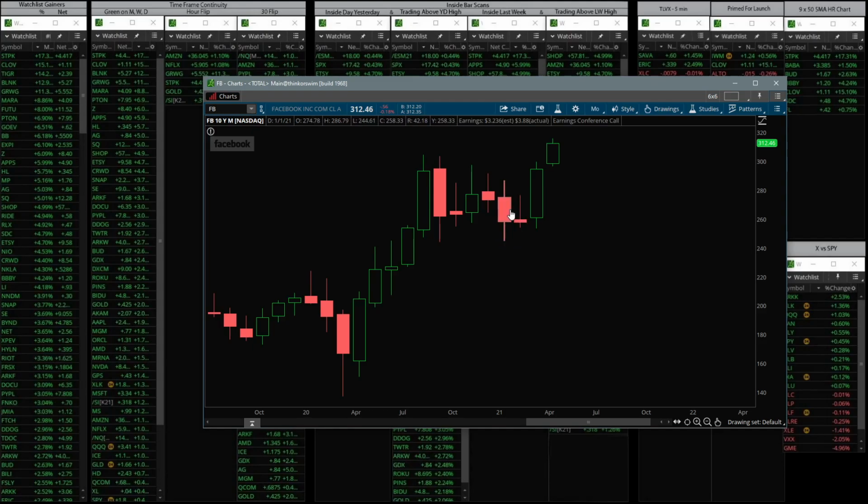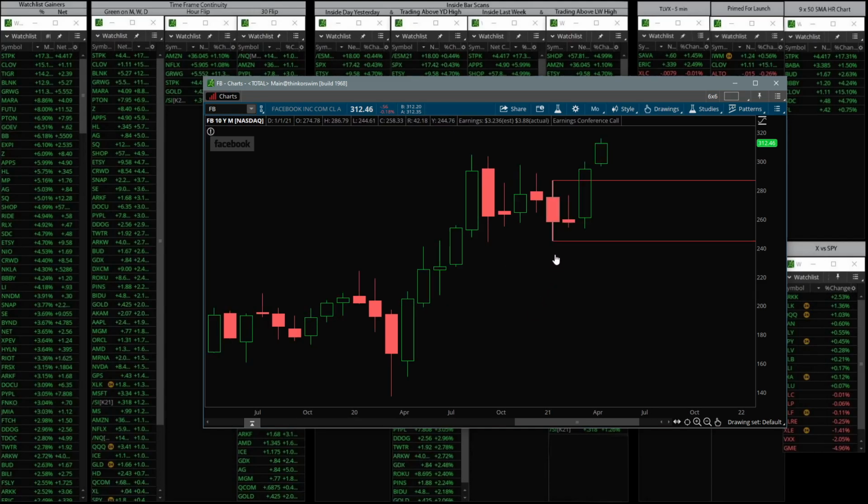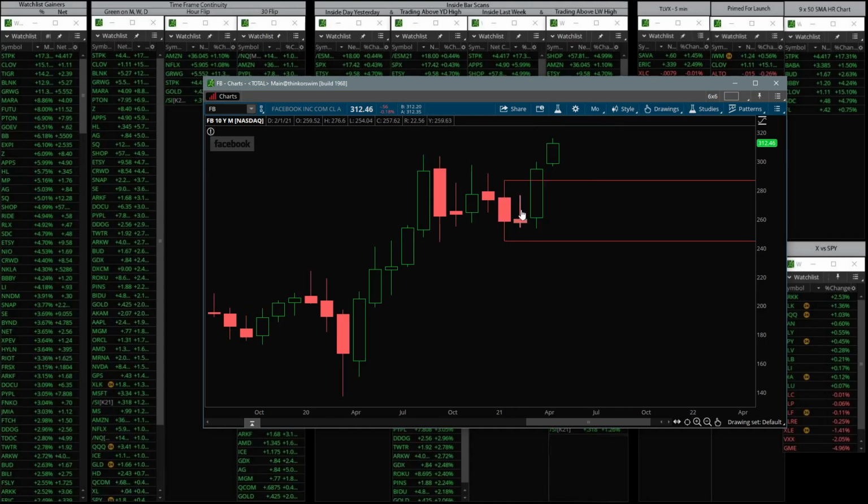So if you look at it side by side, this bar is inside the range of the previous bar. Okay, so if we were to draw lines, this bar here will be inside the range of the previous bar. So this would be called a 1.